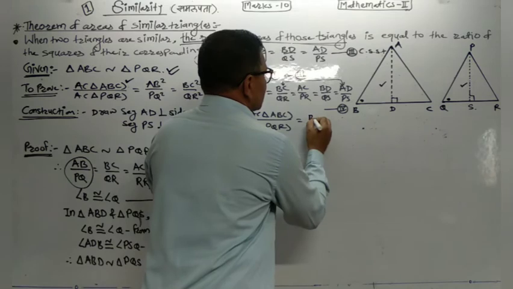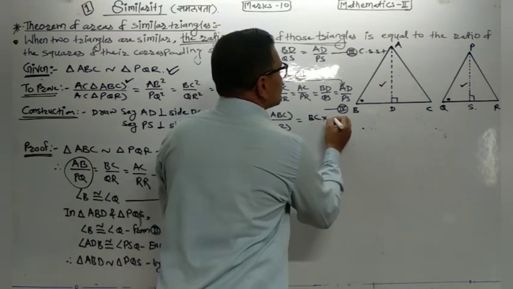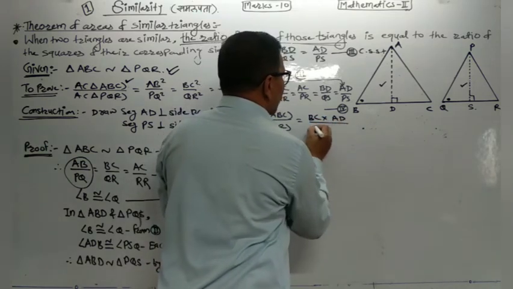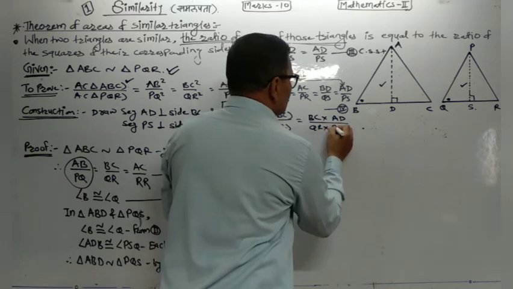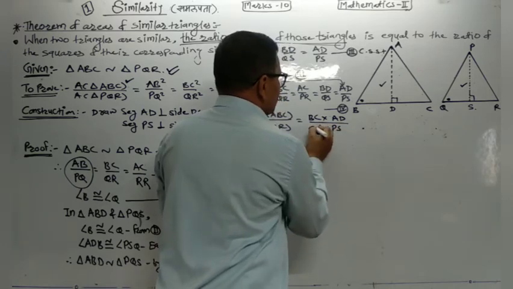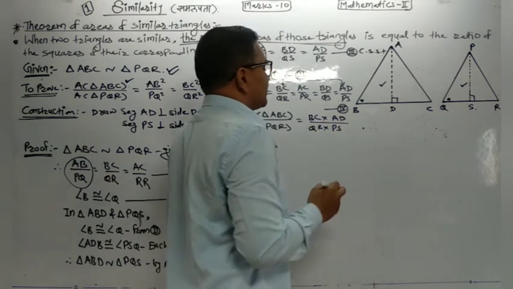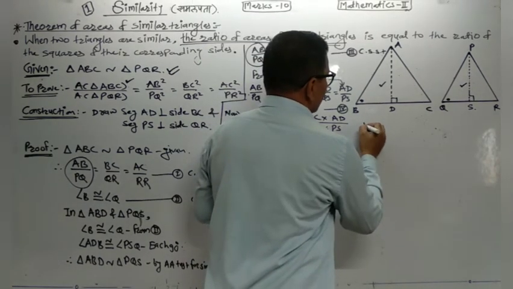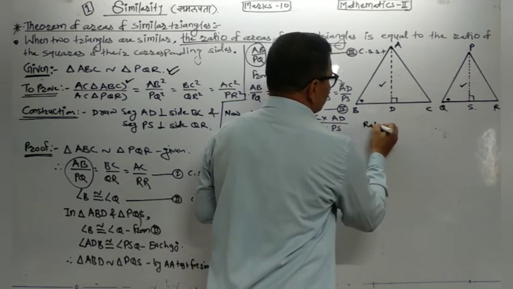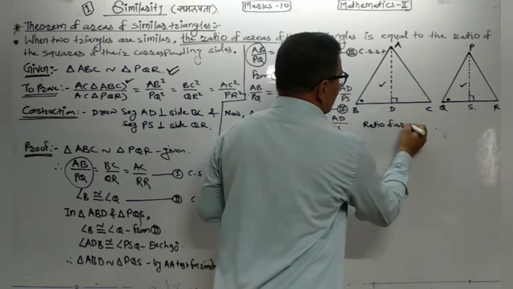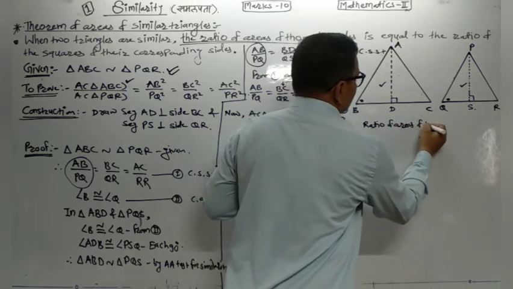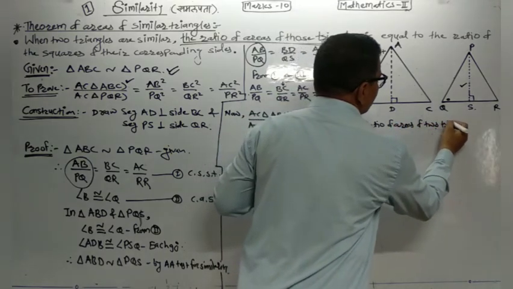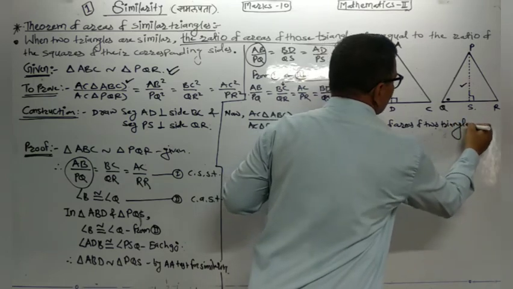Understand? Means BC into AD divided by QR into PS. Why? Ratio of areas of two triangles. Understand?